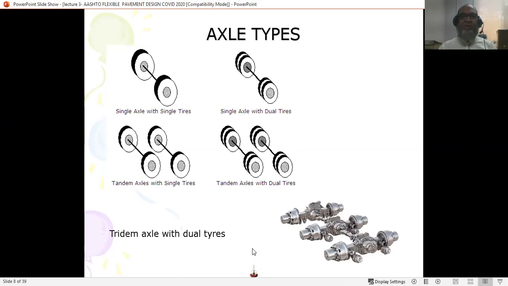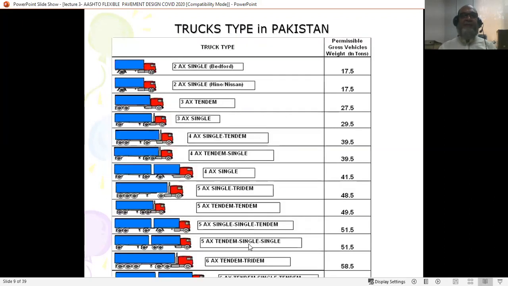Let me explain more about these axle types. This is the pictorial of truck types that are usually used on the roads of Pakistan. This is a two-axle single Bedford truck.